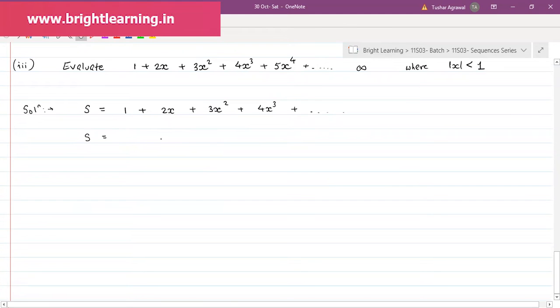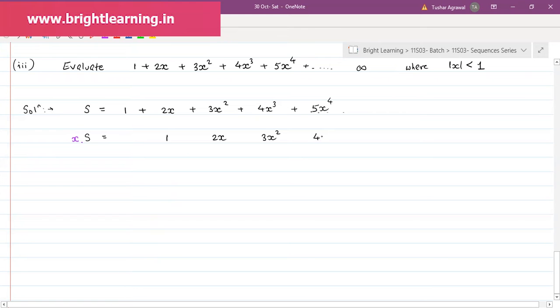So sir, if I just shift 1 unit ahead, you must have realized that we have to multiply it by x. This much at least you must have done, Pujita. Yes or no? Yes, sir. Just 1, 2x and 3x square, and then here it is 5x to the power 4.